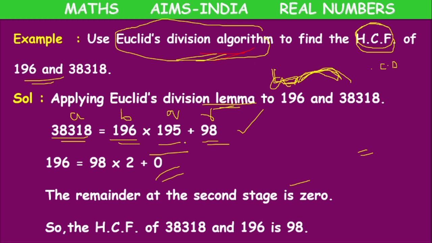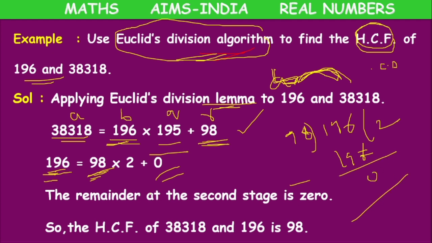So in the second process, what do we have to take? This divisor 196 will become the dividend. This remainder will become the divisor. So if we divide 196 with 98, 98 twos are 196, so it cancels, and the remainder will be 0.